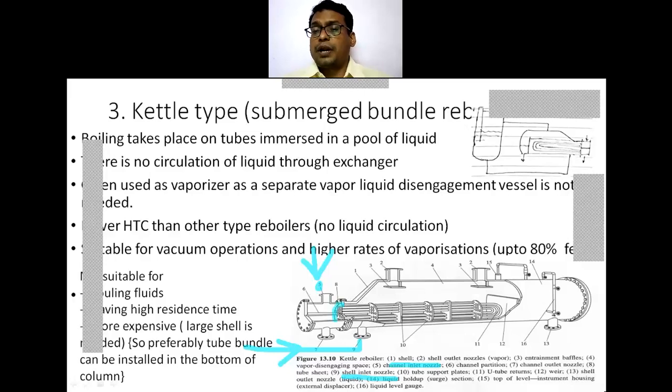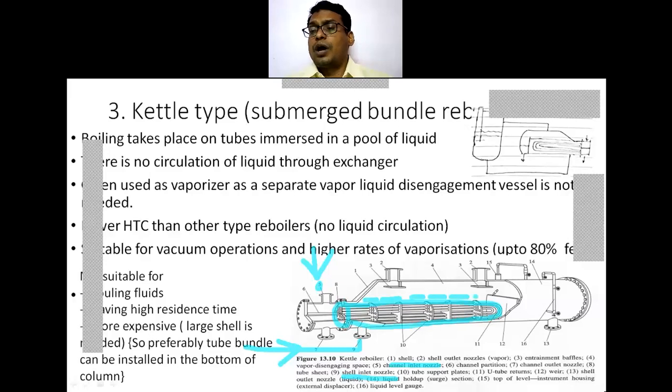this is my tube bundle, ये जो है ये tube bundle है, and this tube bundle should be completely immersed into this liquid which is to be heated.